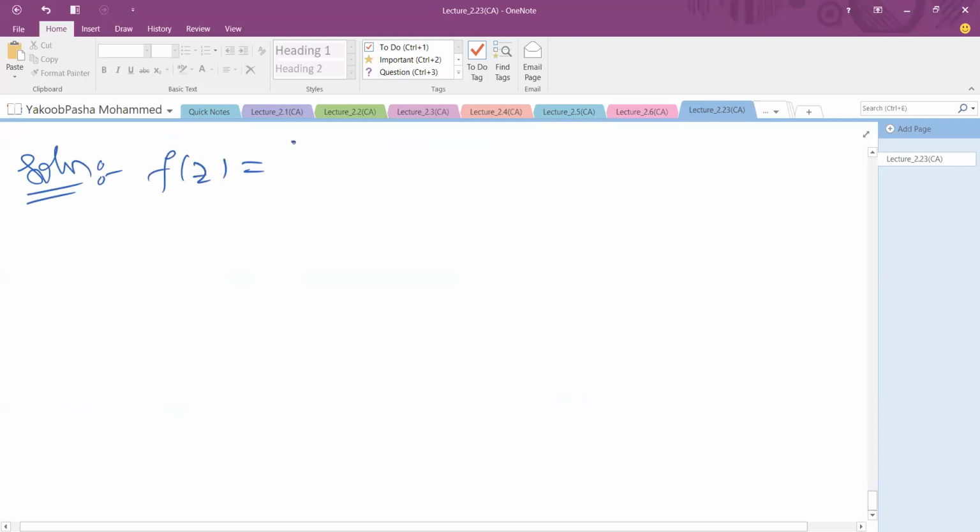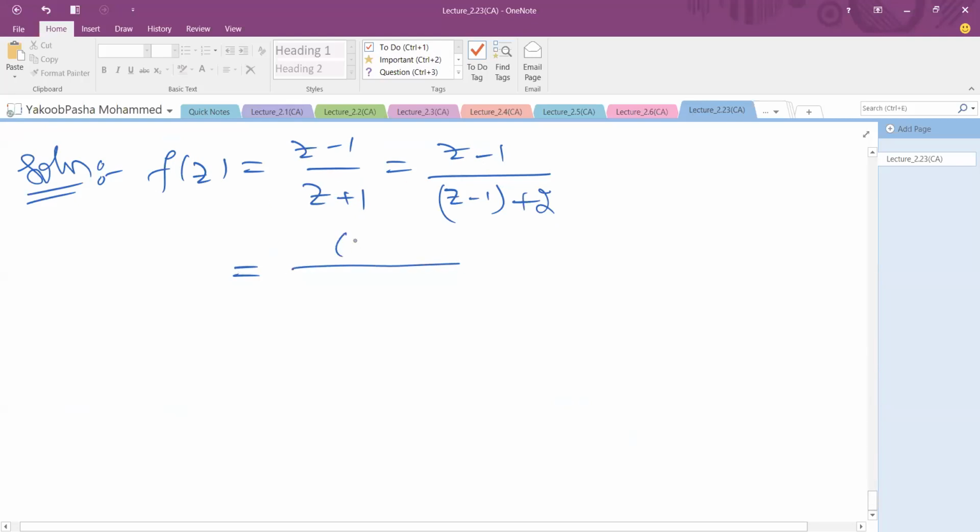z minus 1 divided by z plus 1. So we can write it as z minus 1 divided by z minus 1 plus 2. Okay, we can take 2 common in the denominator, so numerator becomes the same, 2 into 1 plus z minus 1/2.